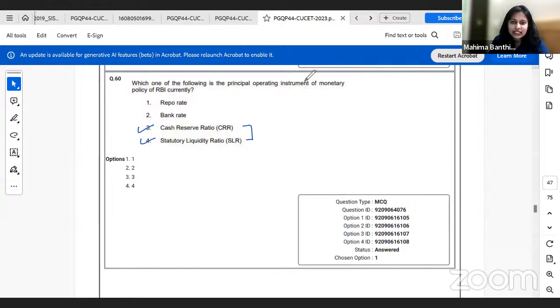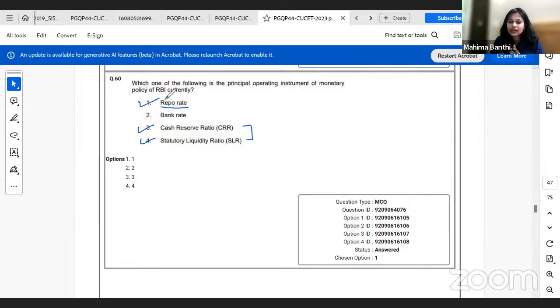They definitely can influence money supply, but they are not changed so often. Repo rate is something that the Monetary Policy Committee decides often. So it's something on which a committee is set, and that is the instrument that is changed the most often. So out of all of these, we'll choose the repo rate.